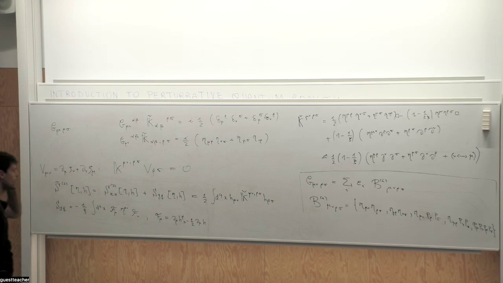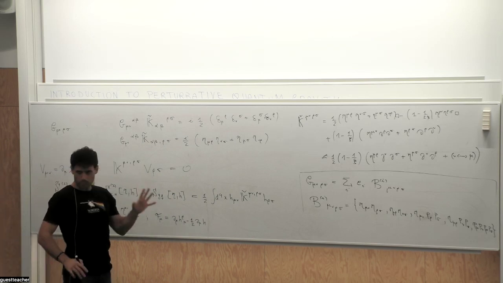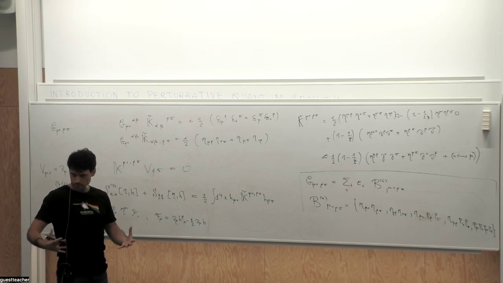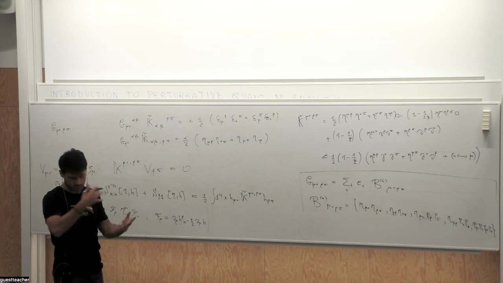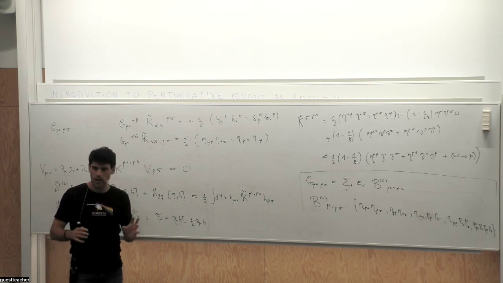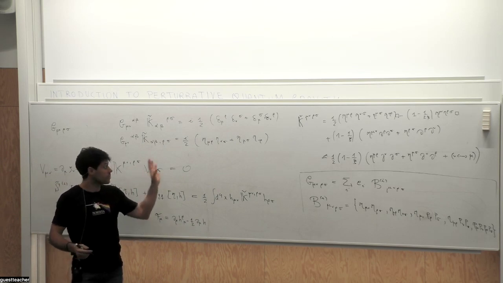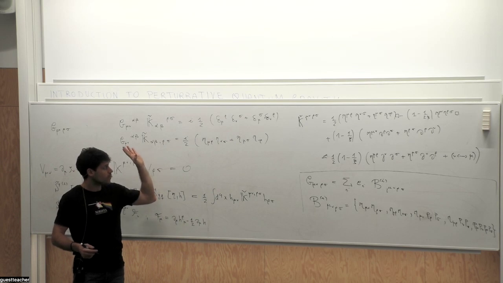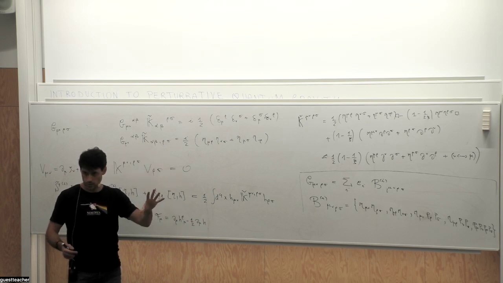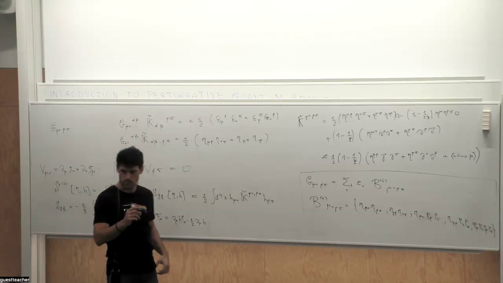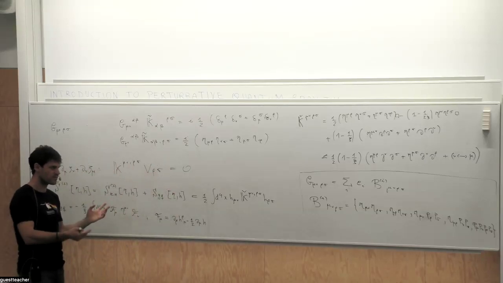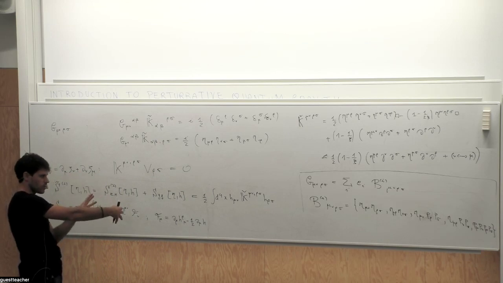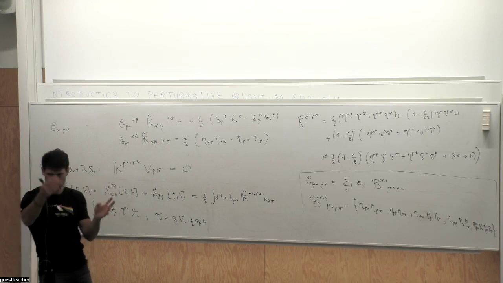Basically, our point is to derive the propagator, and the propagator is defined in different ways, but here the propagator is defined as the inverse of the kinetic operator. It's like when you want to derive the Green function: differential operator on Green function equal to the Dirac delta.